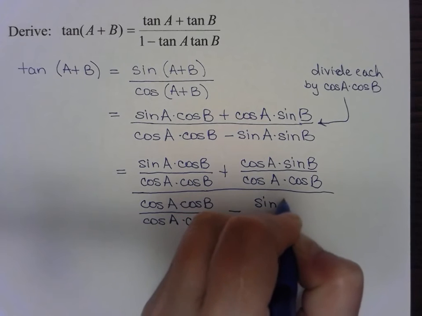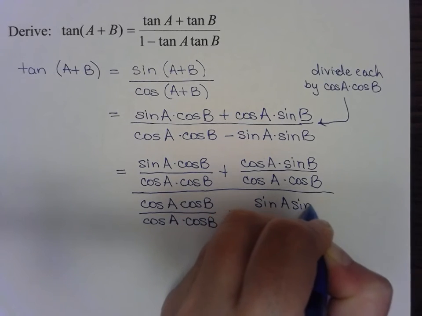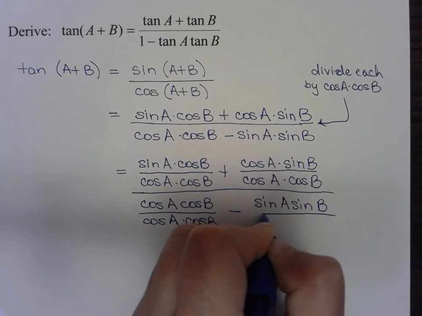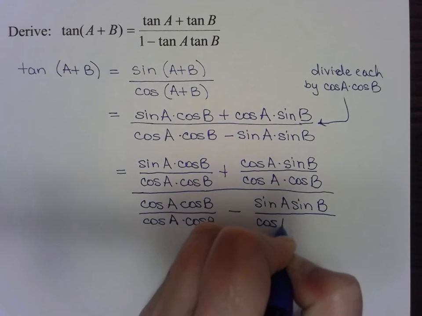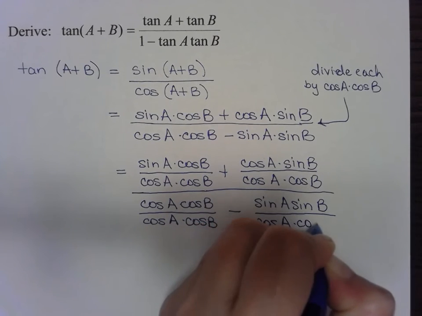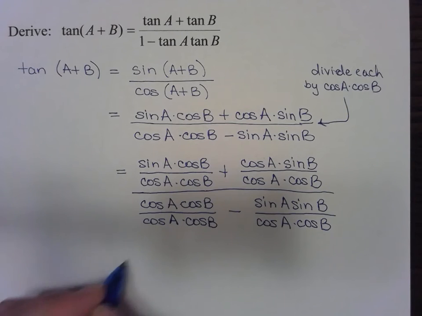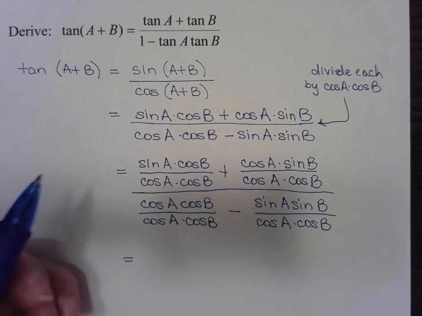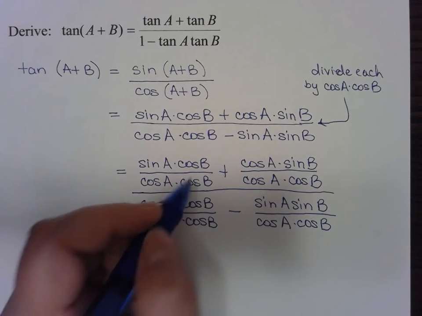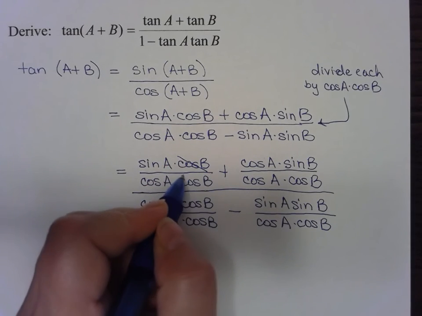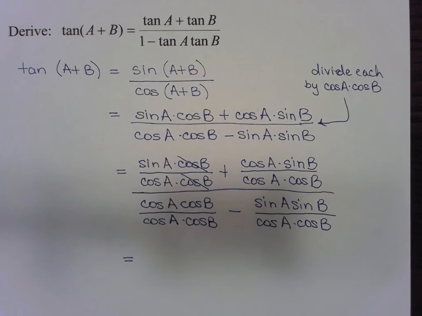And sine of A, sine of B, over cosine of A, cosine of B. Okay, some nice canceling is going to happen on the numerator. So the cosine of B for this first term is going to divide to be 1.